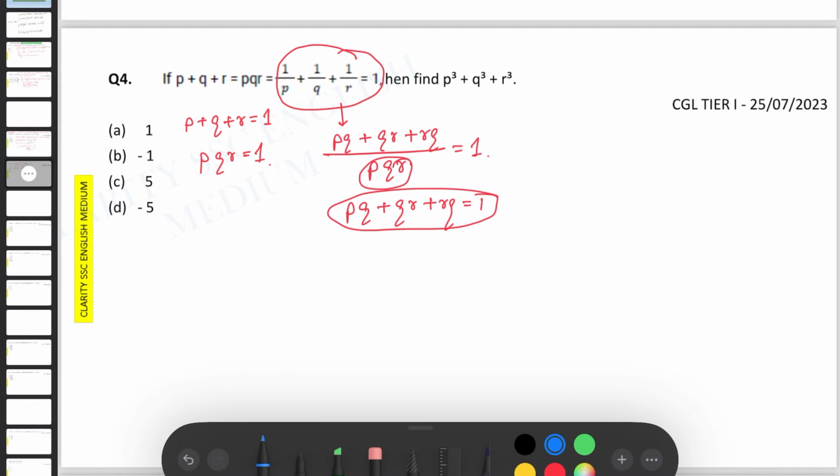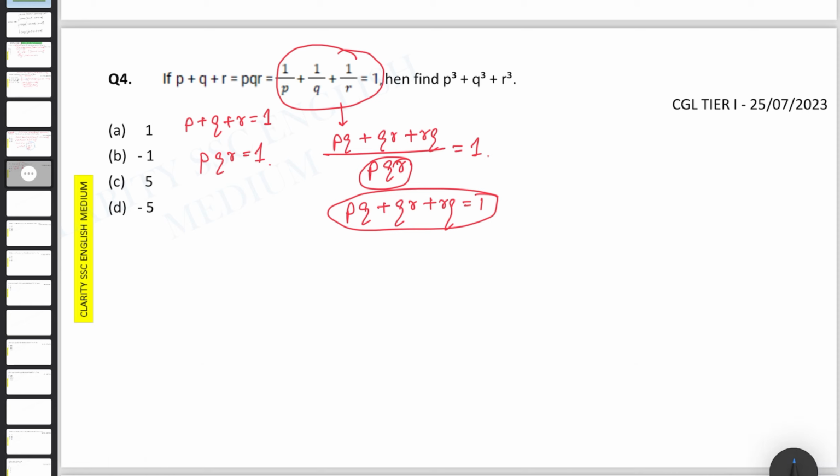Let's try to calculate this question. The question says we need to find the value of p cube plus q cube plus r cube.